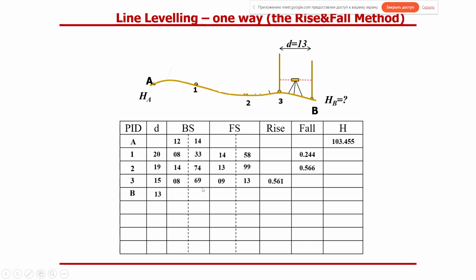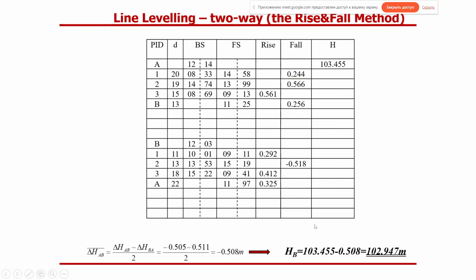Then write down the reading to the back staff and to the fore staff, and can calculate the fall from the point 3 to the point B. Then we cross red line and calculate the sum of rises and falls, and then we calculate all the summary of the work.